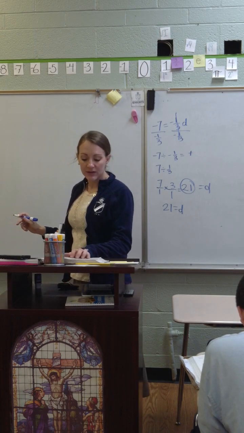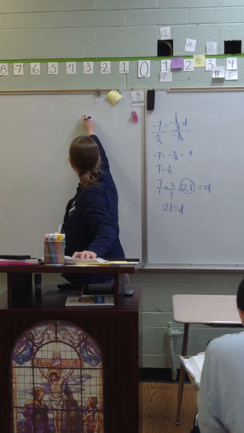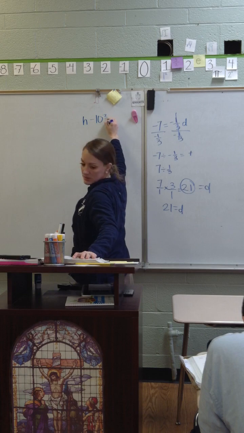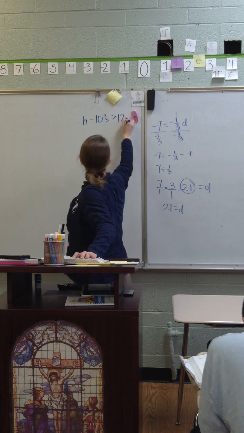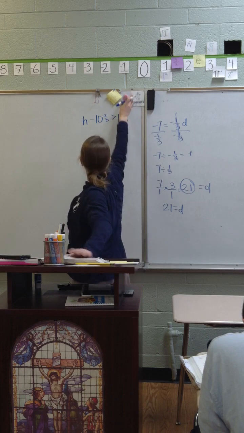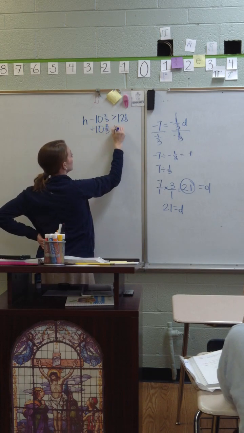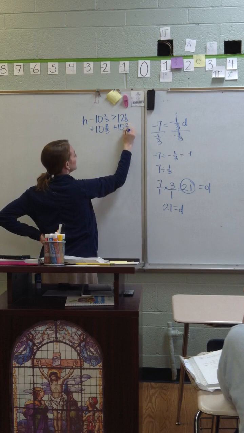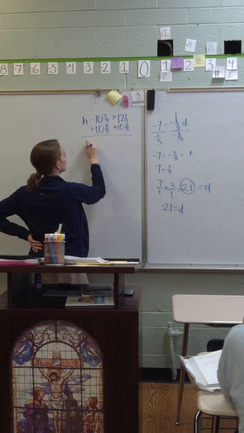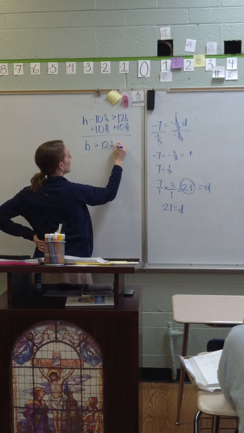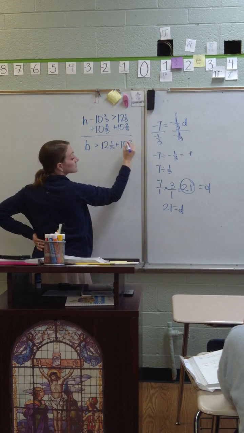Number 45. Okay, don't talk. Number 45. H minus 10 and 2/3 is greater than 12 and 1/5. Okay, I'm going to add 10 and 2/3 to both sides. So I've got H is greater than 12 and 1/5 plus 10 and 2/3.